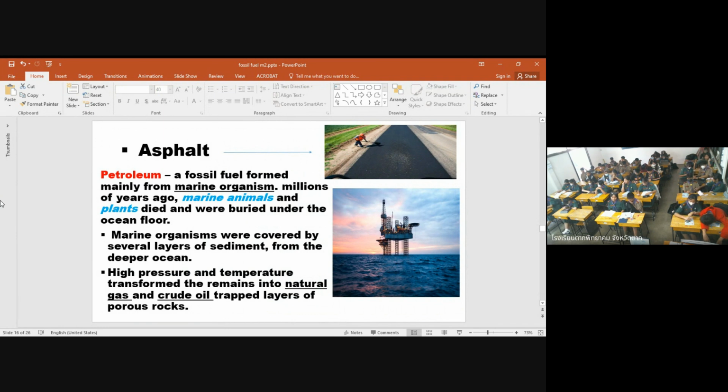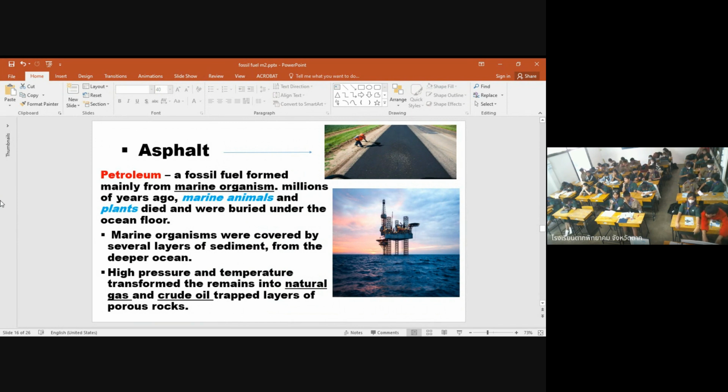The high pressure and temperature transformed the remains into natural gas and crude oil.